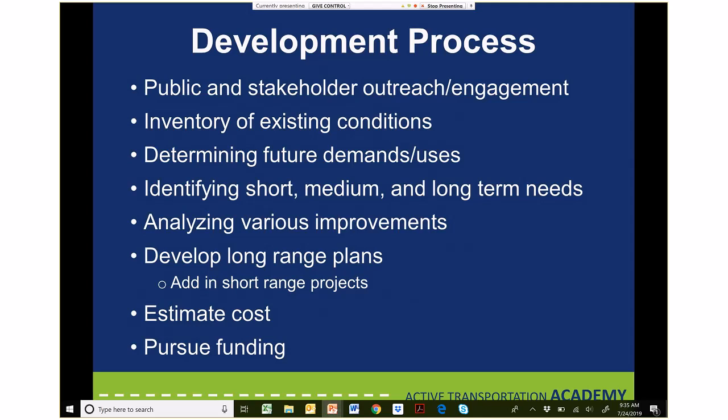So the short, the medium, and the long term, actually analyzing and identifying different improvements to your transportation network to accommodate bicyclists and pedestrians and other non-motorized users. And then talking about how to integrate those improvements into your different planning processes. We'll talk about estimating the cost of these projects, and then once we know what the cost is, where do we look for funding, and what are the particular funding sources in Ohio and in your area that would be relevant to this.